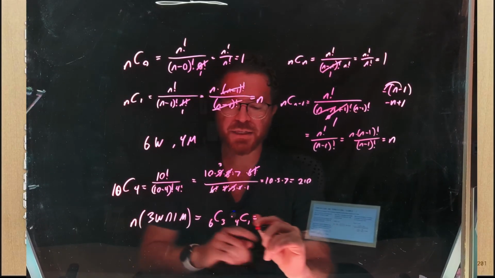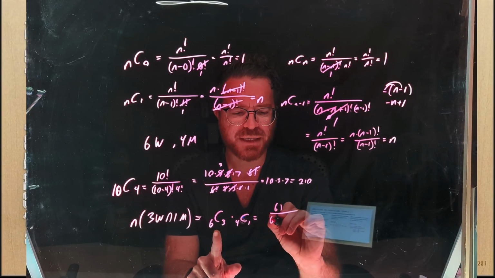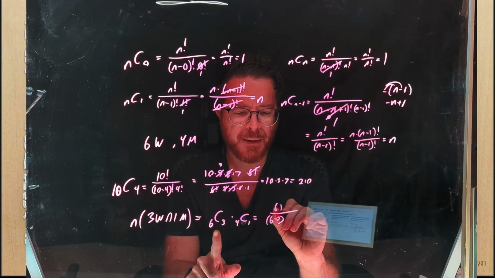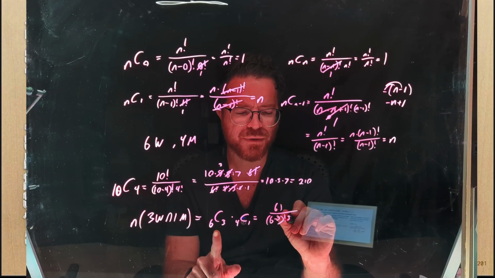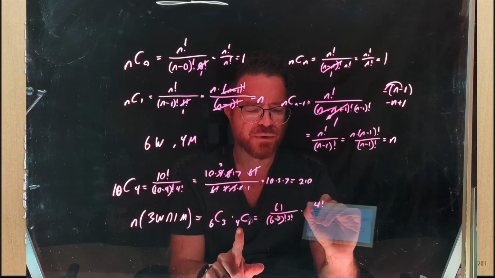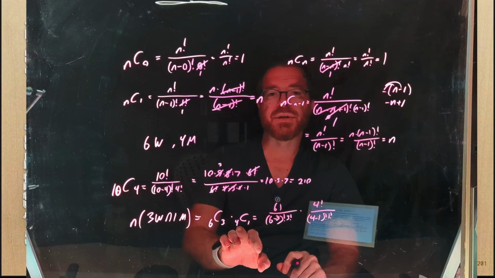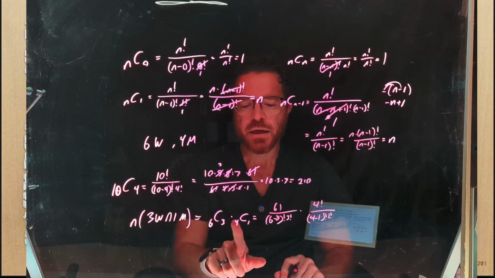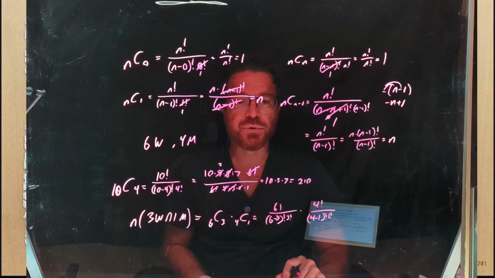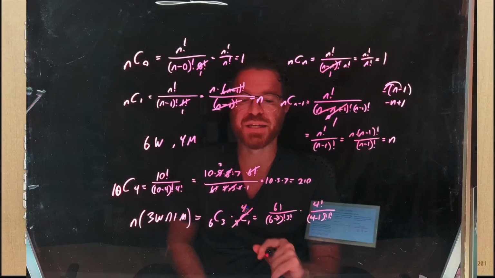So this means that this first one, the women, is going to be 6 factorial divided by 6 minus 3 factorial, 3 factorial, times, in this case, we have 4 factorial, 4 men, 4 minus 1 factorial, 1 factorial. Now, you actually shouldn't even need to do this calculation, because we just talked about this. N choose 1 will always be equal to n. So the answer to this part is 4, even without doing the calculation.